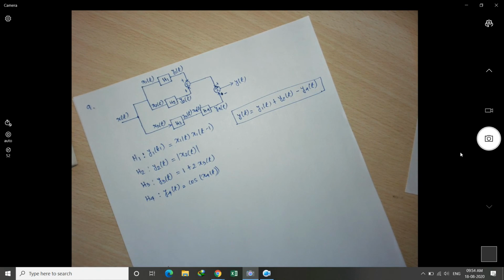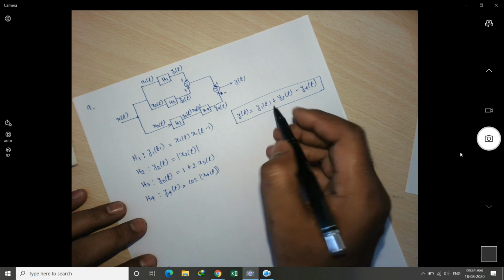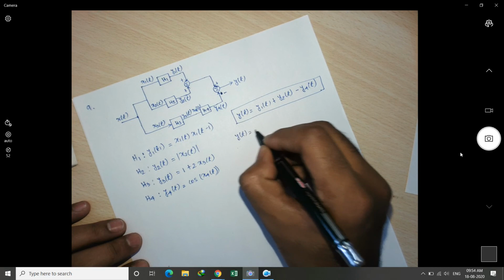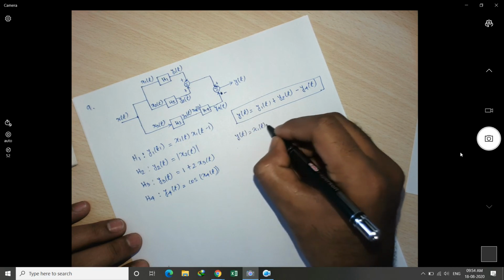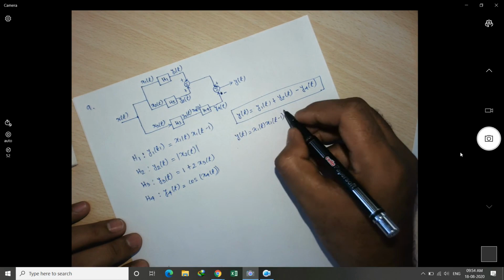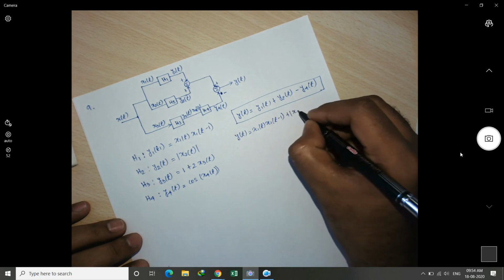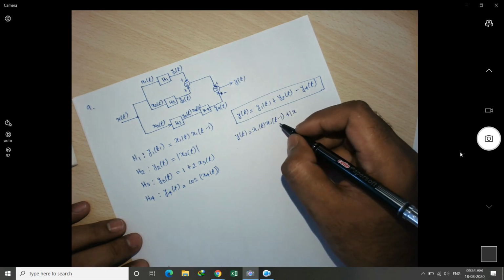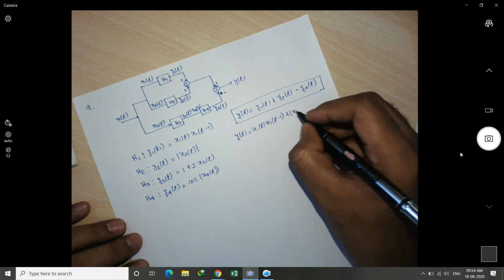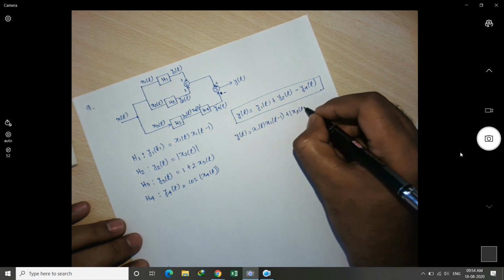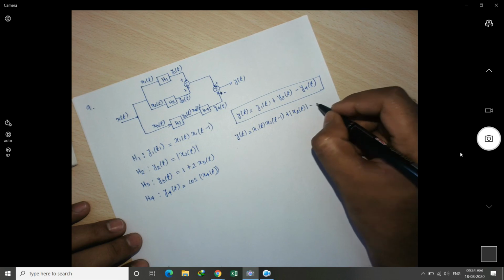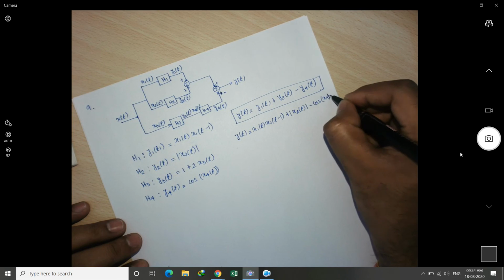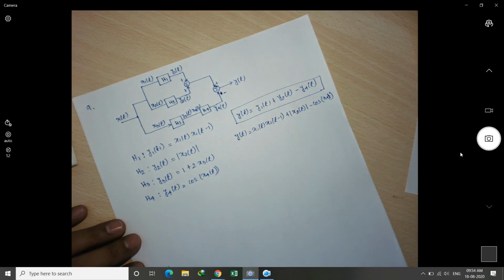So if you write with respect to y1, y2 and y4, with respect to xt, how can we write this? yt is equal to x1t, x1 of t minus 1 plus mod of x2t minus cos x4t, right?